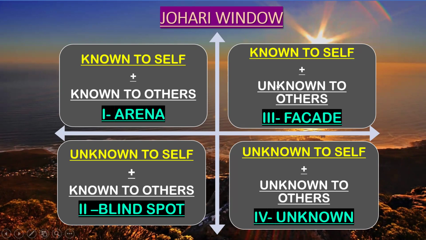They also do not know anything about the self. A very interesting situation is the third situation, friends, wherein the self and others have some kind of difference: known to self, but unknown to others. Friends, this situation is called the facade, the mask. There could be a reason that the self is a manipulative self.